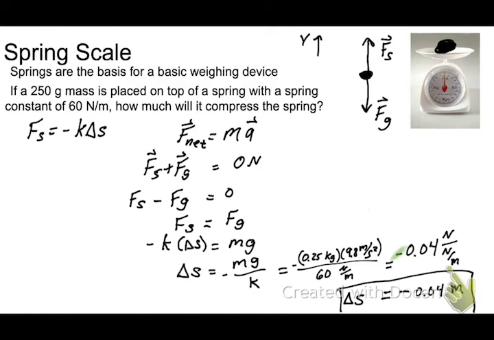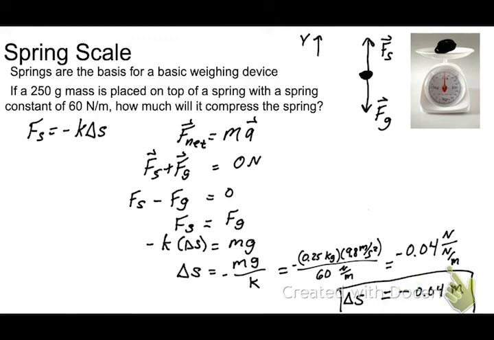So how that works out is we end up with negative 0.04 meters. So we should find some reassurance in that we were seeking a distance and we got units of meters, so that's good. And we also got the negative sign that we expected.